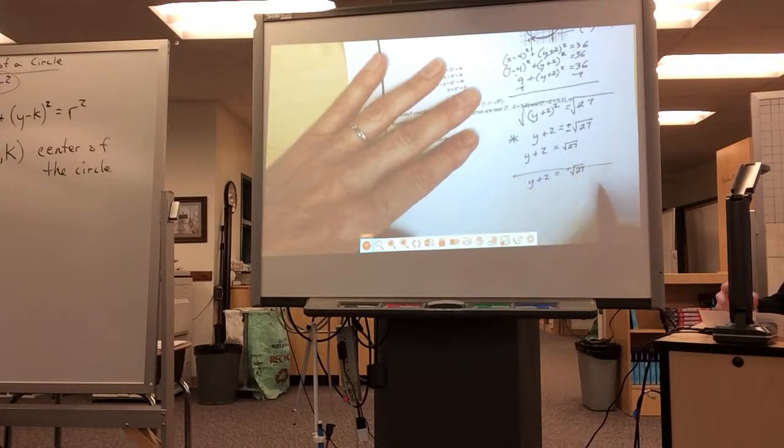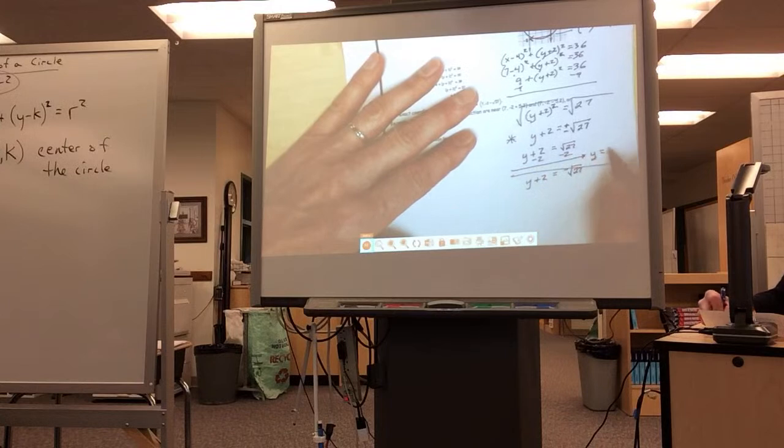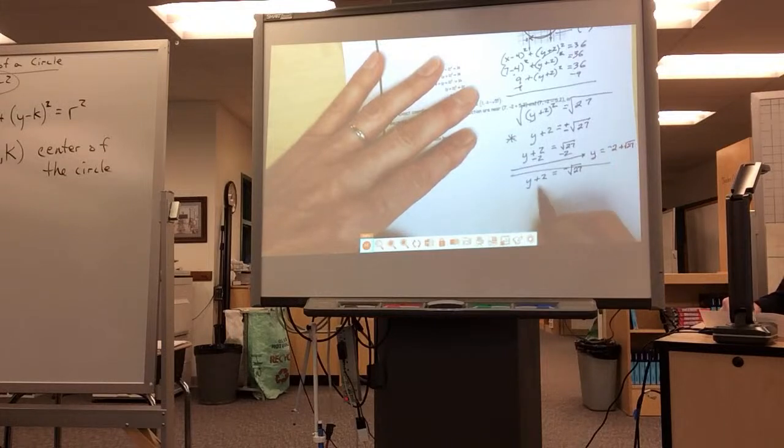So we'll solve the top one first. We subtract 2 from both sides, and then you get y is equal to negative 2 plus the square root of 27. And on the bottom, if I subtract 2 from both sides, that will be negative 2 subtract the square root of 27. Those are your answers.